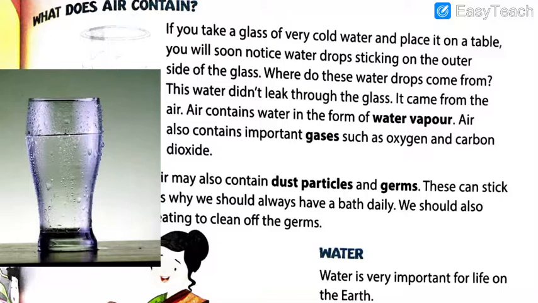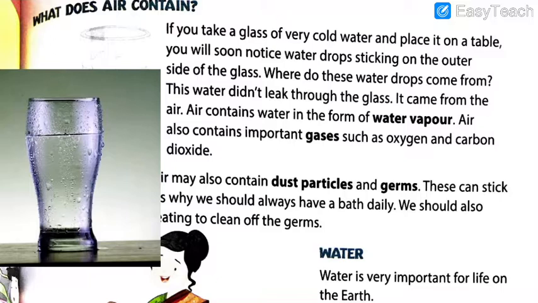Where from nature? From the air, exactly. Not only oxygen, many other gases are also there in the air itself. So, a whole lot of things air contains. Just see, still it is invisible, intangible, and still so many things are there inside the air.